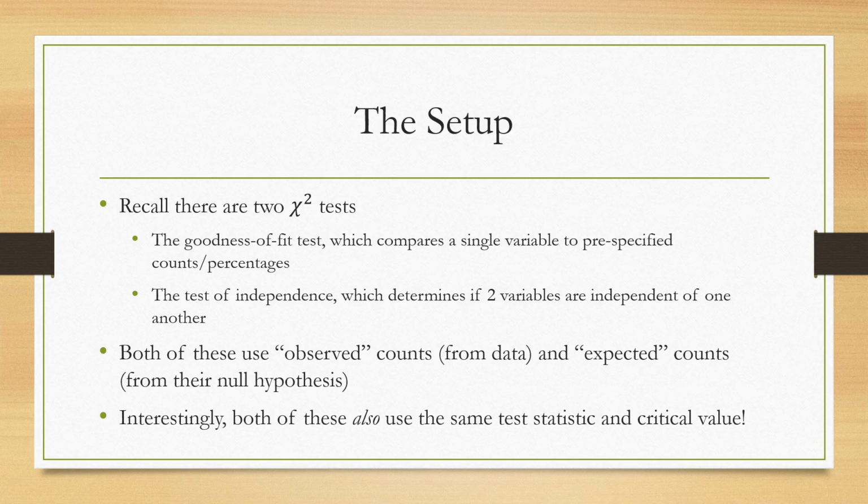The goodness of fit versus test of independence is less describing differences in the test and more describing differences in the context of when you do it. You do goodness of fit if you have a pre-specified distribution that you want to see if it fits the data. You do a test of independence when you have multiple variables and want to see if they're independent of one another. So both of these use the same test statistic and critical value because both of these are the chi-squared test.